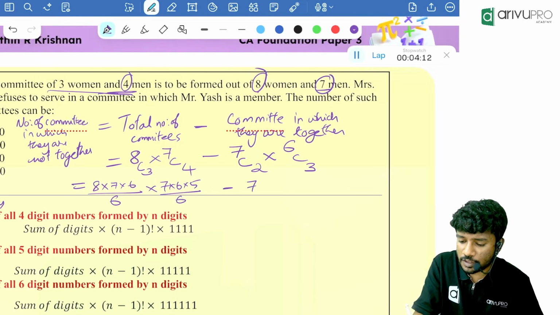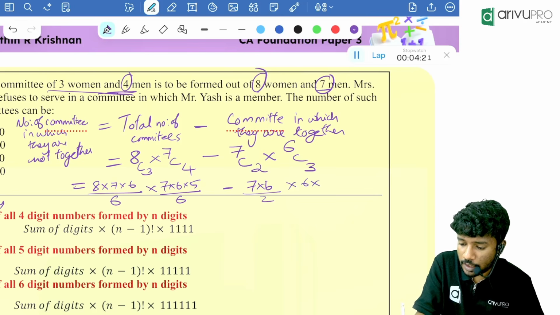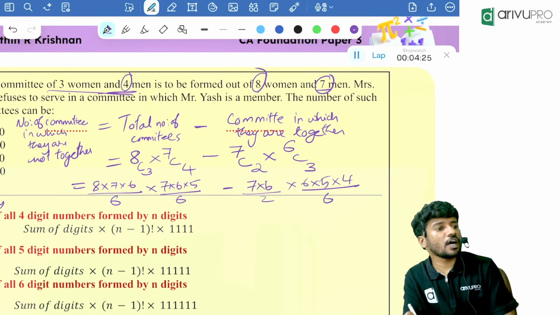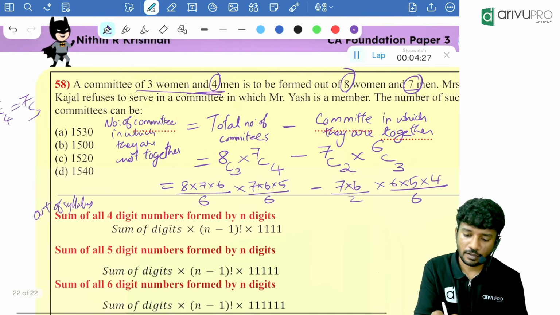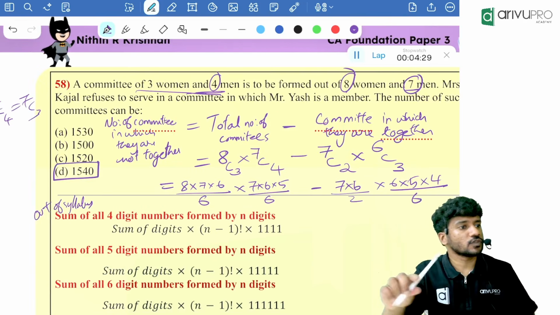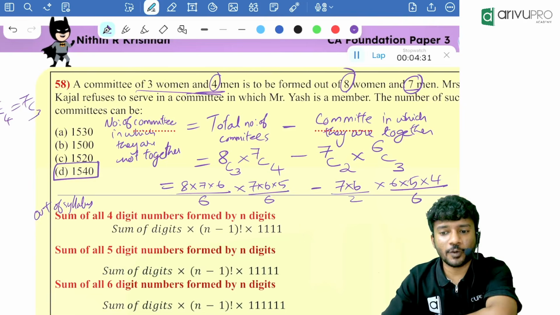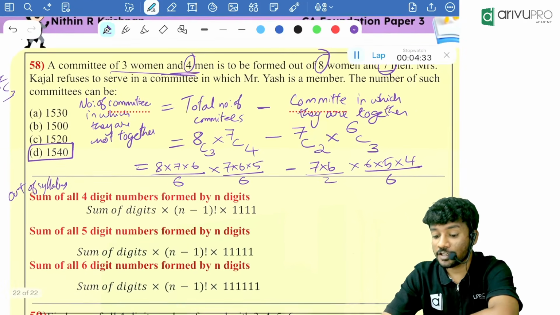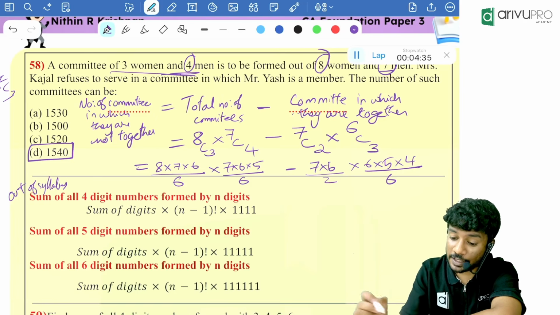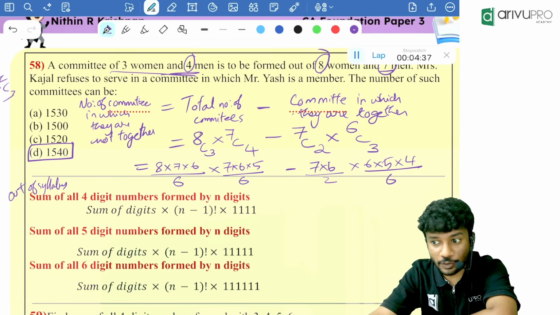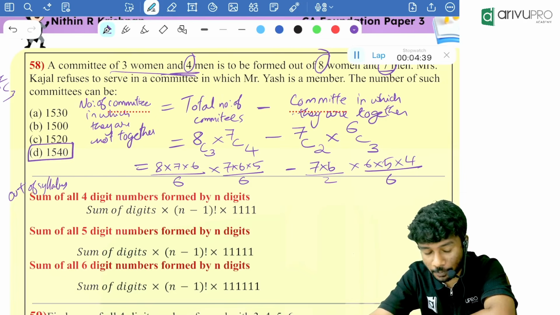Minus 7C2, which is 7 into 6 divided by 2, into 6C3, that is 6 into 5 into 4 divided by 3 factorial, which is 6. How much is the answer, people? 1540. Understood the question? Very interesting question. These types of questions can be there, but not always. Keep it in your mind.